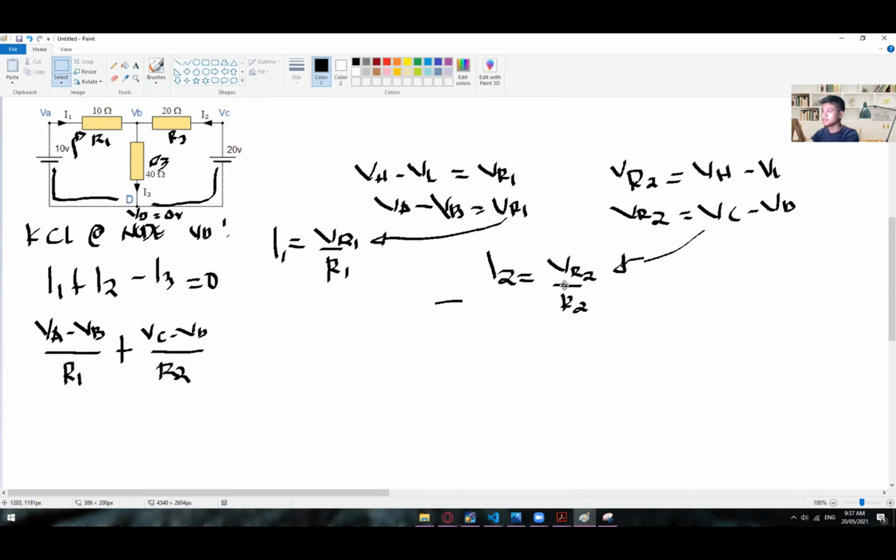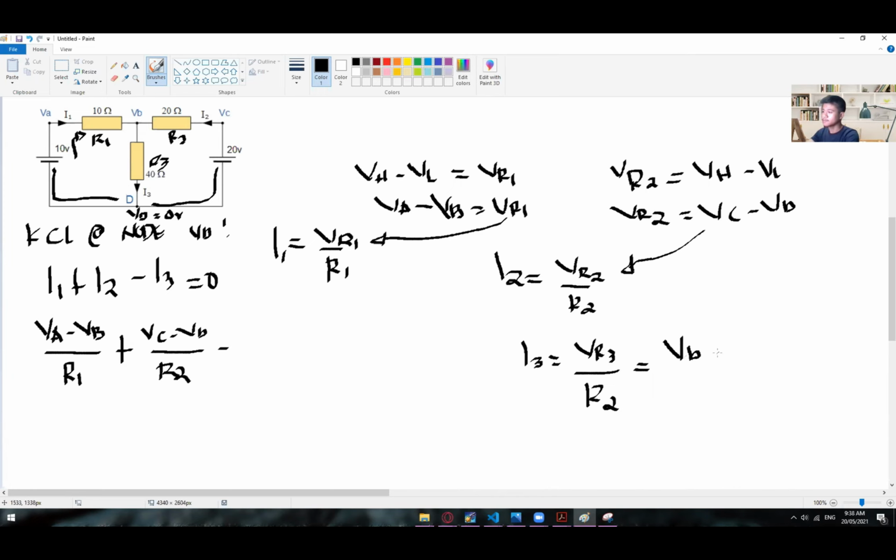Let me just move it right here so we can have more space for our I3. The last one is I3, wherein I3 is equal to VR3 divided by R3, wherein VR3 follows the same concept: the higher voltage minus the lower voltage. So VB is our higher potential voltage.